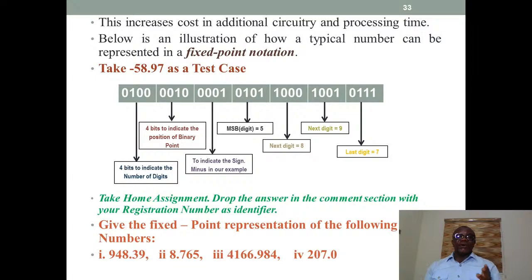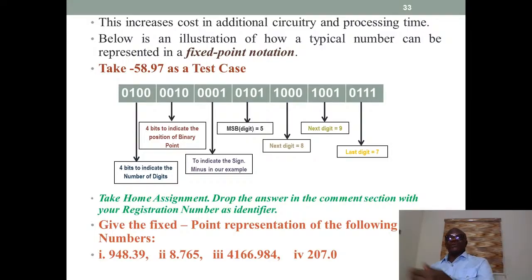So we are saying you can take this home and do this assignment and see how you represent 9,4, 8.39 using fixed point notation, 8.765, 4166.984, and 207.0.